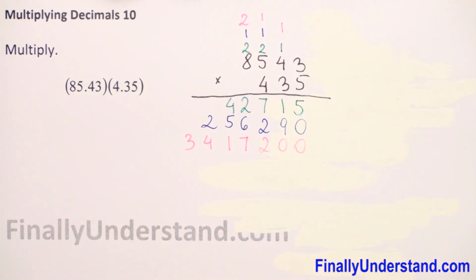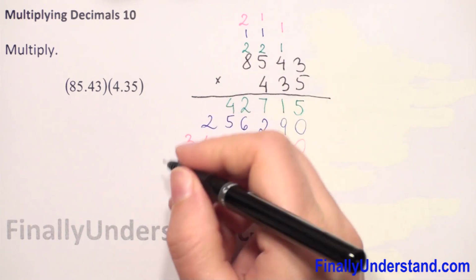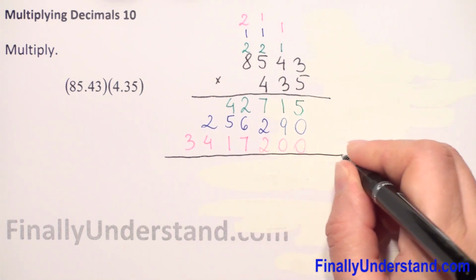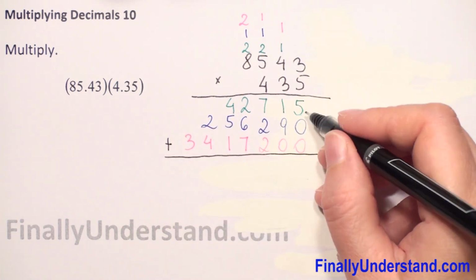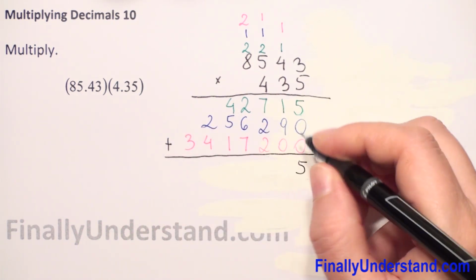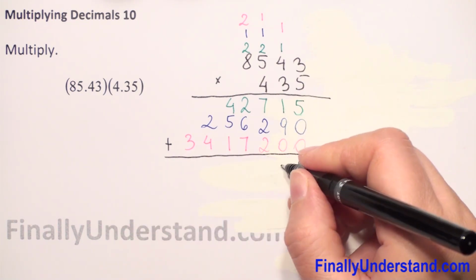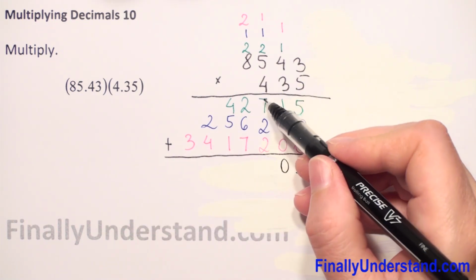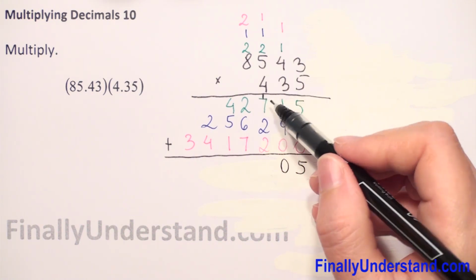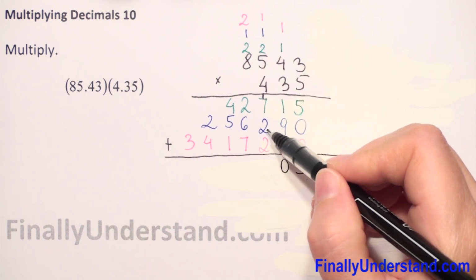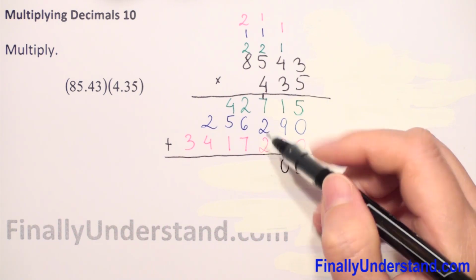And now we have to do addition, so we underline and add now. 5 plus 0 is 5. We start from the last column and we go to the left. 1 plus 9 plus 0 is 10. So we have 0 and 1 we add to the next column. So we have 1 plus 7 plus 2 is 10 plus 2 is 12.